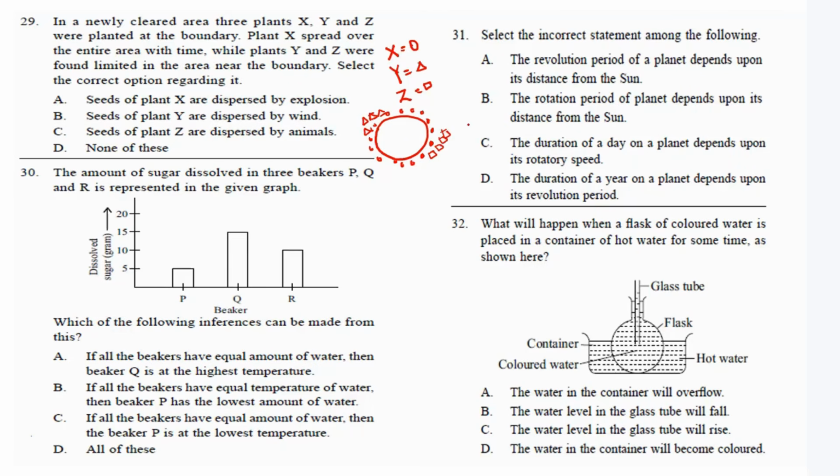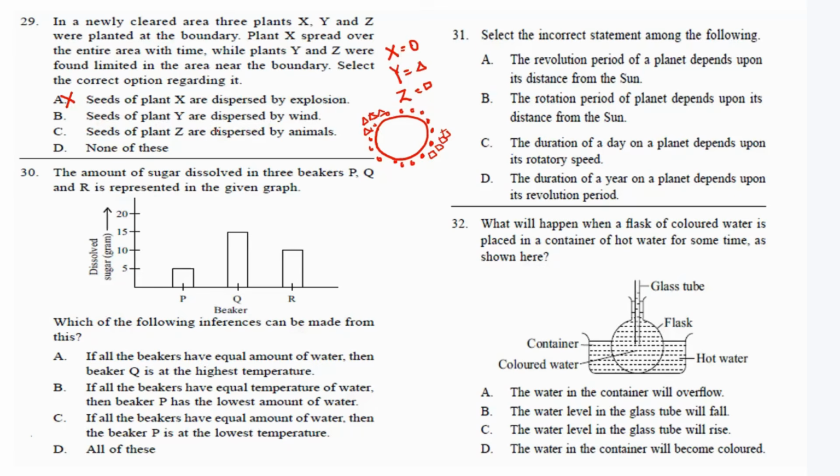Option A says seeds of plant X are dispersed by explosion. So this is wrong. Why? Because through explosion, it cannot spread throughout the whole boundary. This is not possible. Option B says seeds of plant Y are dispersed by wind.